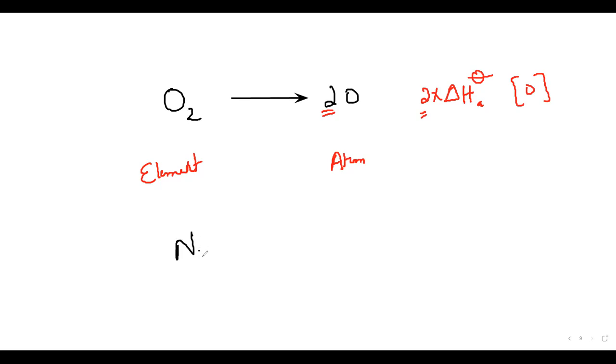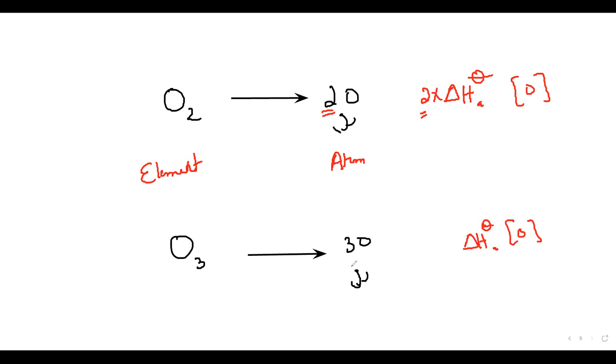But if we have ozone instead of oxygen, O2, and we supply energy and produce 3 oxygen atoms in the gaseous state under the standard condition, this is standard enthalpy change of atomization of oxygen, and because 3 oxygen atoms are produced, this will be multiplied by 3.